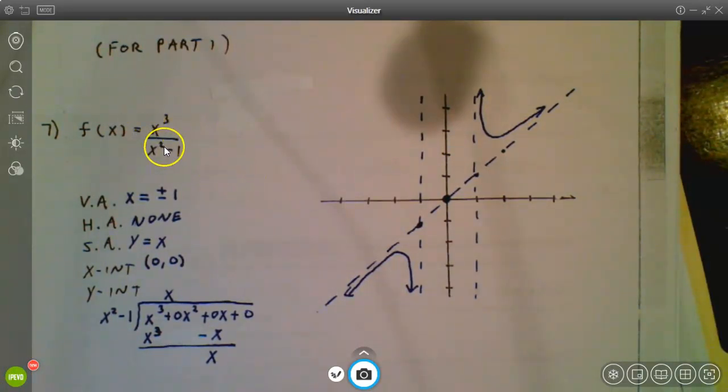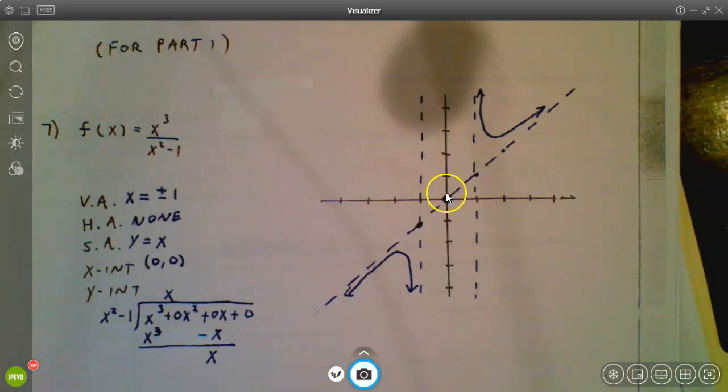If you started plugging numbers in, the closer you get to -1 from the right, for example -0.5, -0.9, -0.99, -0.999, you would find that the y values get bigger and bigger, which tells you that as you approach -1 from the right, your graph should be approaching positive infinity.